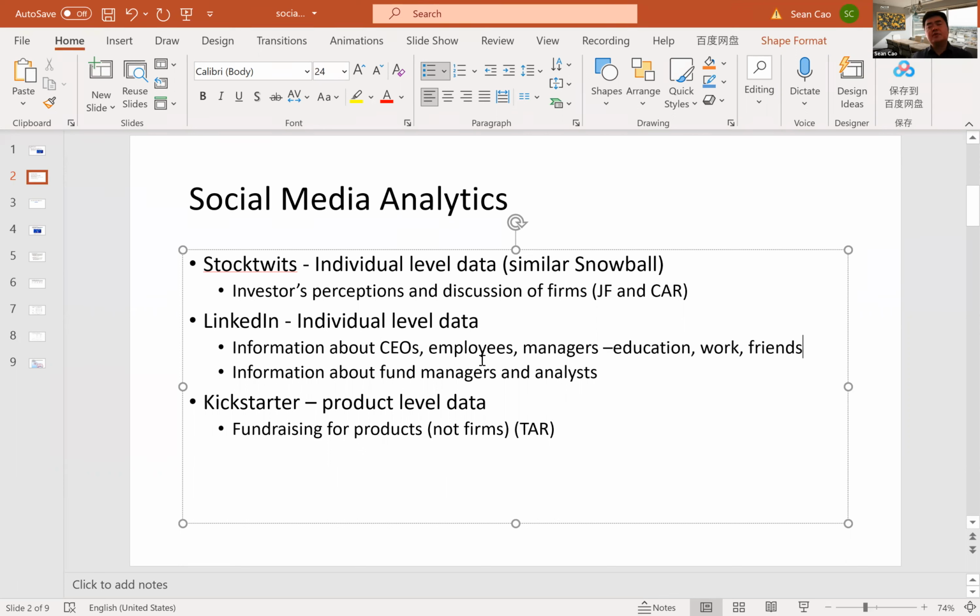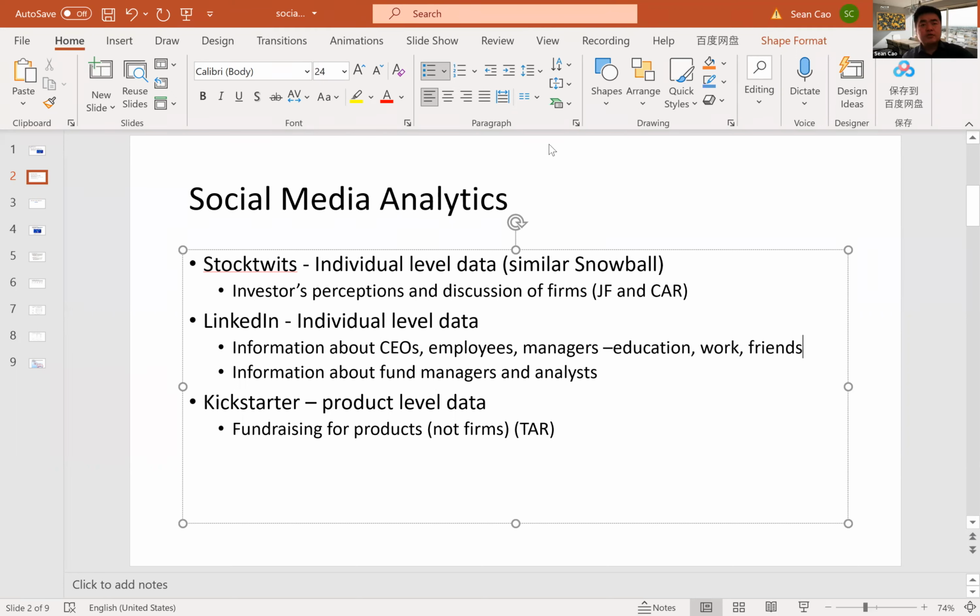So the data can be used for a lot of stuff, right? Once you get the CEO background, employee background, and manager background, you can calculate a firm's human capital. You can also advise your corporate managers about how your competitors are recruiting talent. So these are the information.